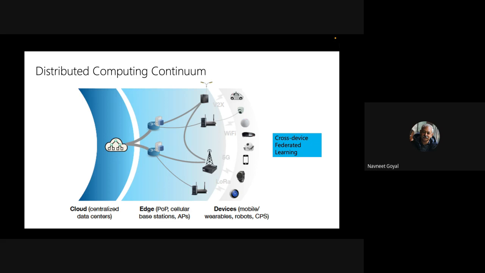And there is another thing mentioned on the right, that is cross-device federated learning. So if you do everything on the device, train your models and communicate the models to the FL server, then you are doing federated learning.